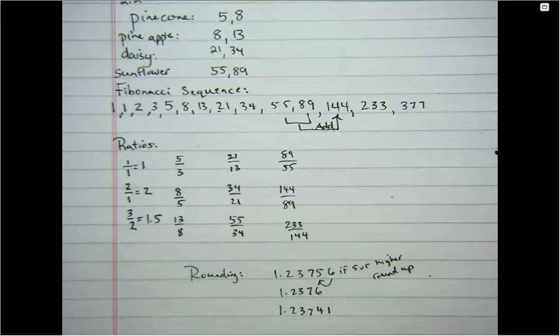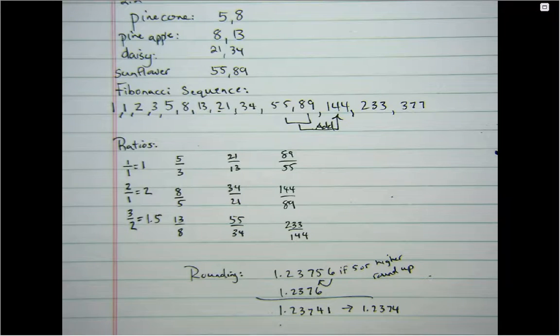So if you had something like 1.23741, you would just truncate. But if your 5th digit is 5 or higher, then you round up. So go ahead and do that.